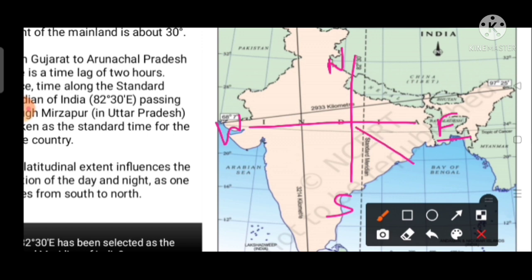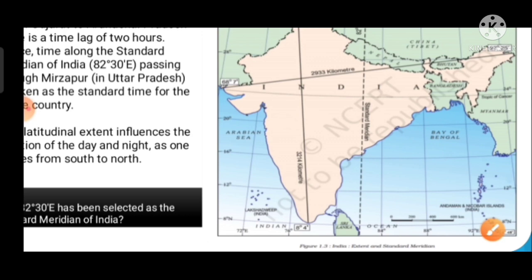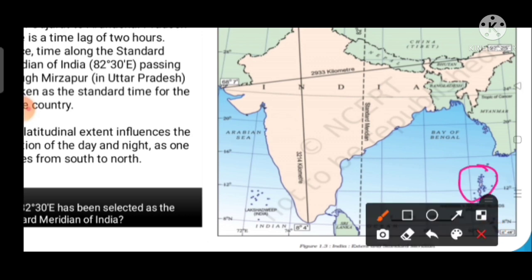To the southeast we can see the Andaman and Nicobar Island here, and to the southwest we can see Lakshadweep Islands, okay.